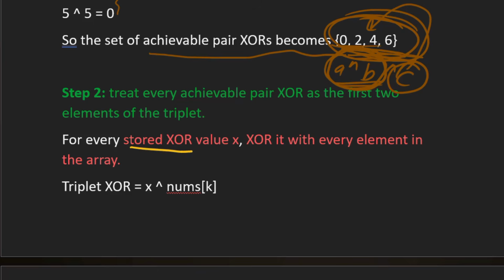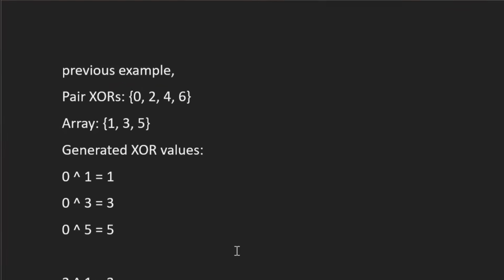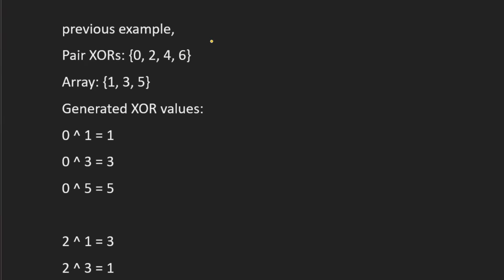So for every stored value, that is 0 2 4 6 in this example, we'll XOR it with every element in the array. Now what will be a triplet XOR? Triplet XOR is basically the stored XOR value XORed with the element present in the nums array. So let's see the example.